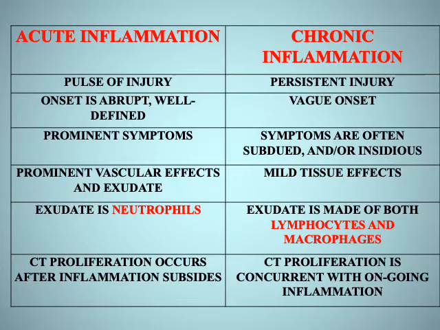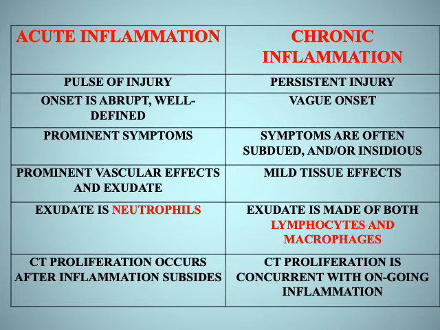So, what is the difference between acute inflammation and chronic inflammation? Acute inflammation occurs in pulse of injury, but chronic occurs in persistent injury. One has an abrupt, well-defined onset, the other has a vague onset.